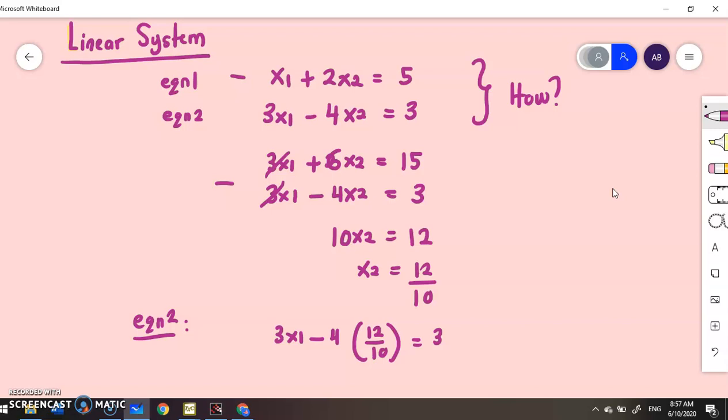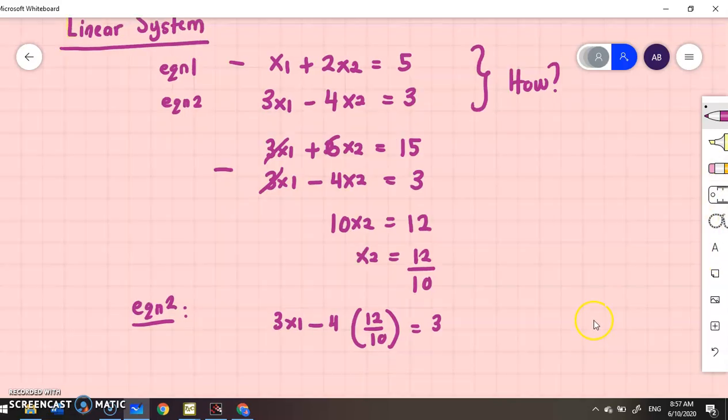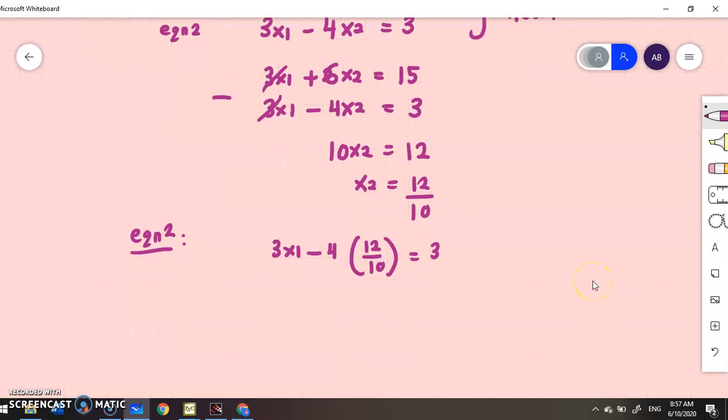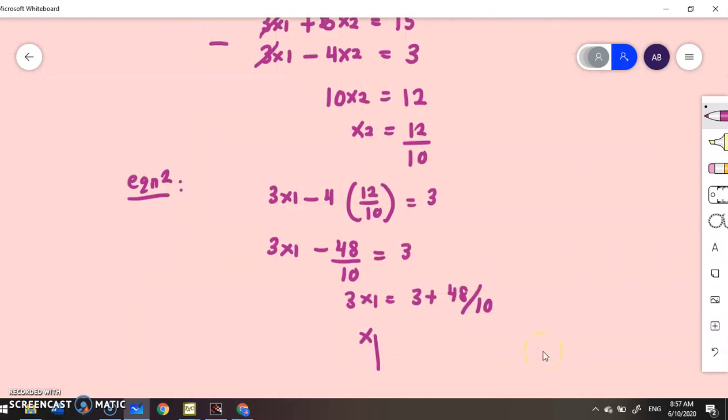So I have 3x1 minus 48 over 10 equals 3, and I can get the solution for x1. It's not complicated, right? It's straightforward, and most of it you've already learned, which is good.